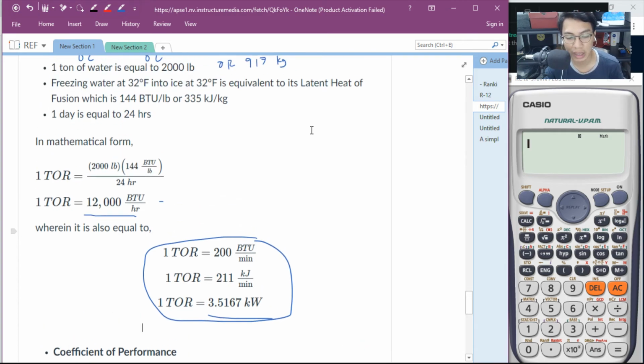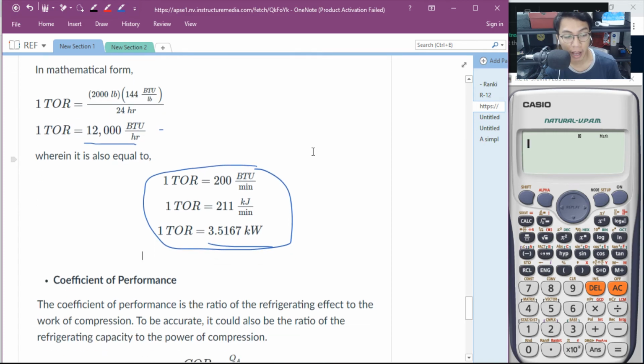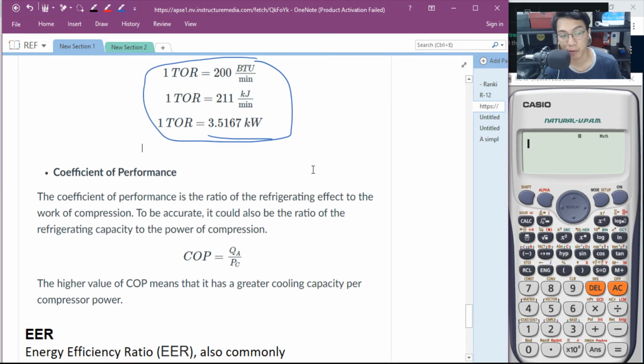Sabi nila, kapag heat system daw or heat engines, we are talking about efficiency. Ngayon, gaano naman ka-efficient yung ating cycle? And that is the coefficient of performance. The coefficient of performance is the ratio of the refrigerating effect to the work of the compression. Now, let us be accurate. It could also be the ratio of the refrigerating capacity to the power of compression.